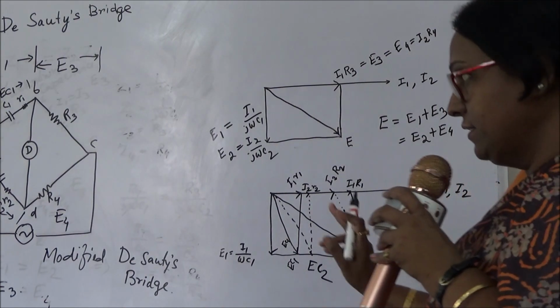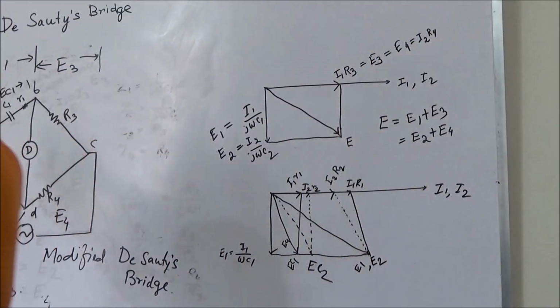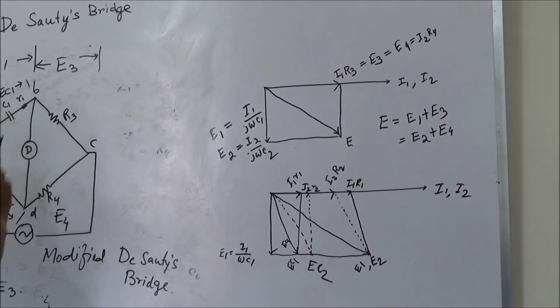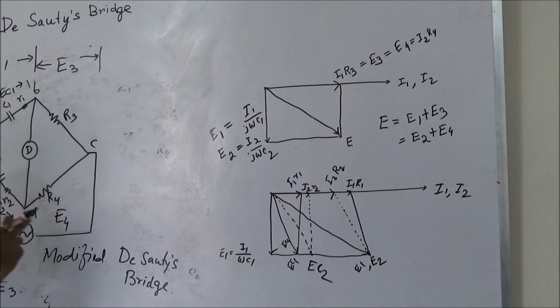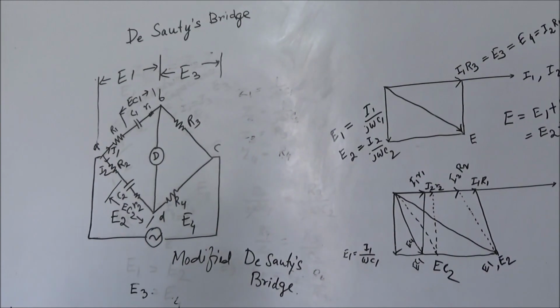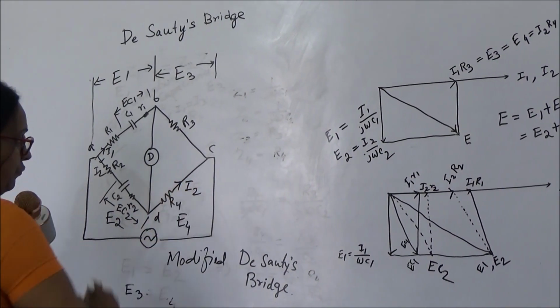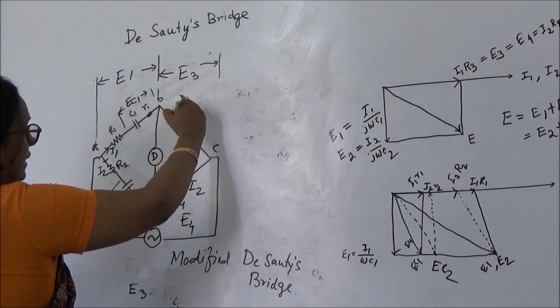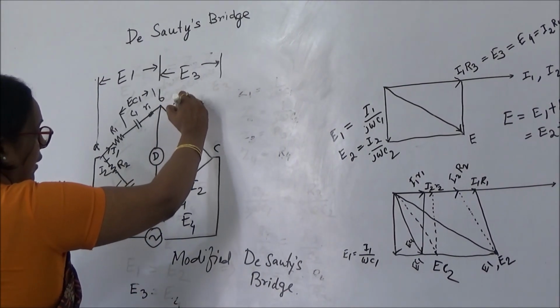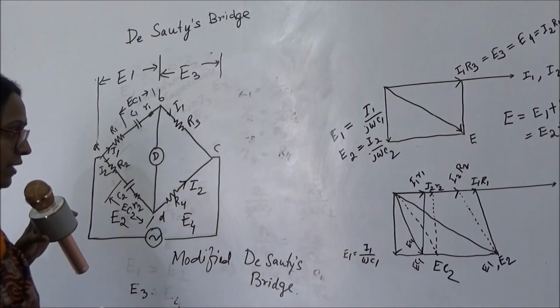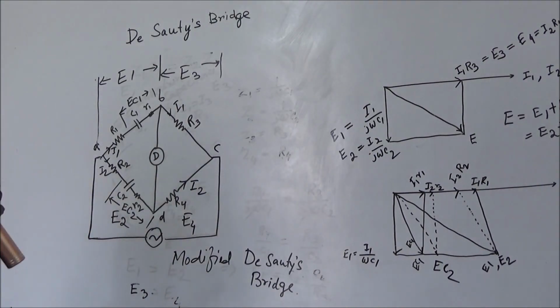So what is E? E is equal to E1 plus E3 as well as E2 plus E4. What is E4? E4 is equal to I2 R4. And what is E3? This is I1 R3. So you have to draw I1 R3.